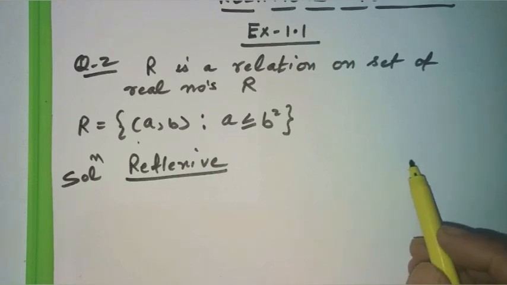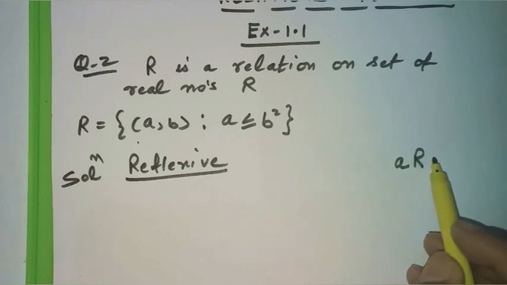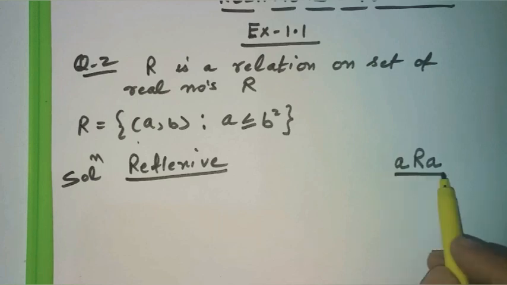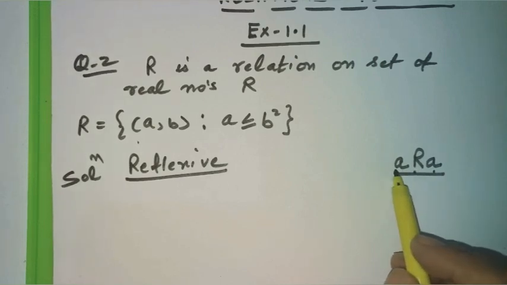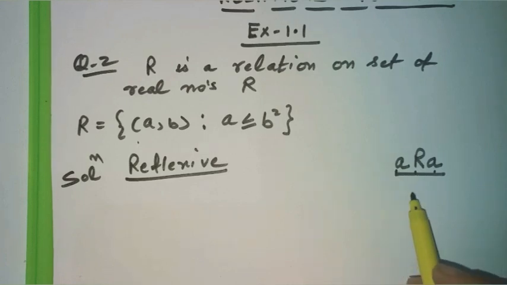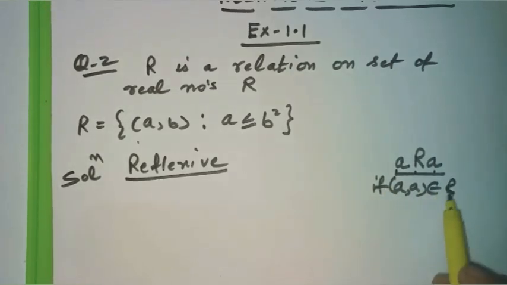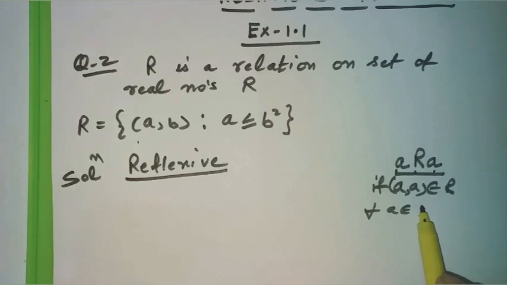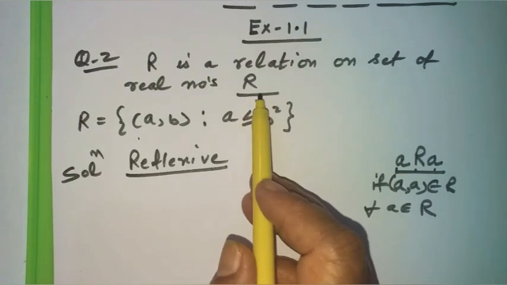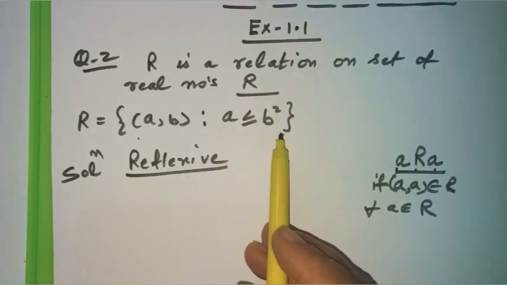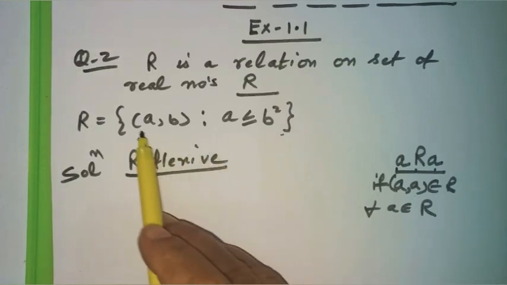A relation R is reflexive if every element of the base set is related to itself under the given relation R. In other words, if (a, a) belongs to R for all a belonging to the base set, which is the set of real numbers here, then we say that the relation is reflexive.